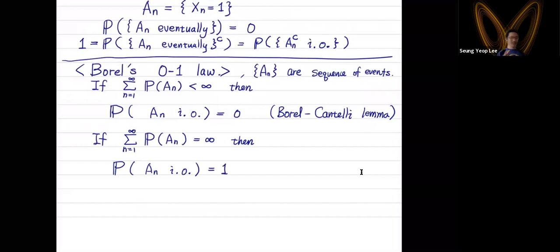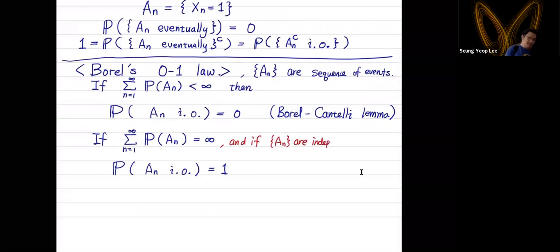Okay, here's a catch, a little detail. Actually, this is not always true. The second one is not true as stated. We actually need one more condition here. The second case holds only if the A_n are independent.